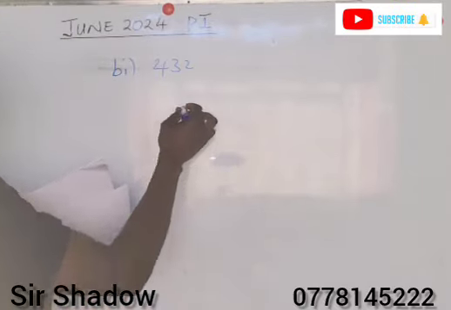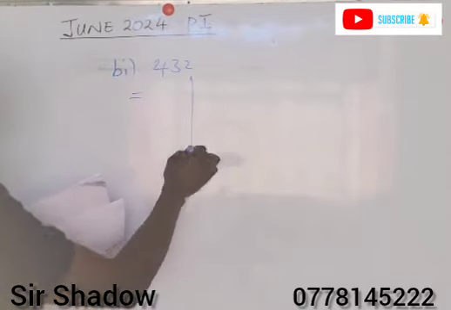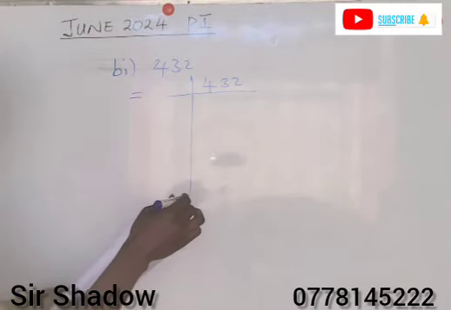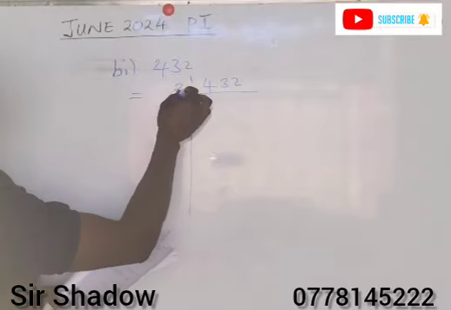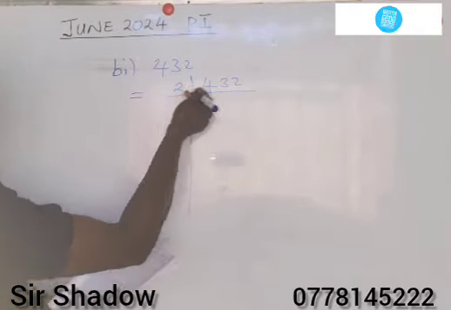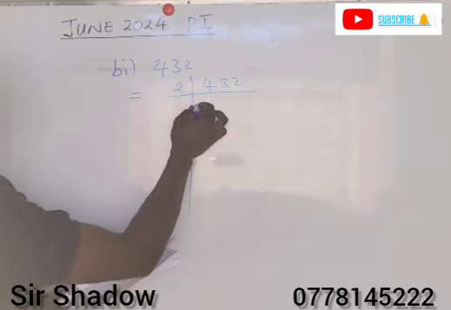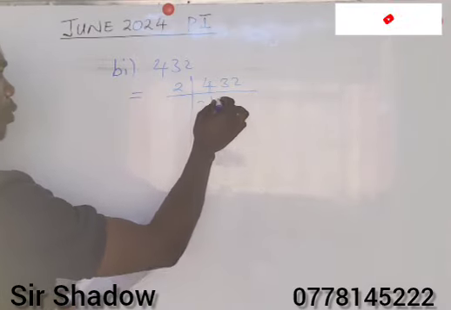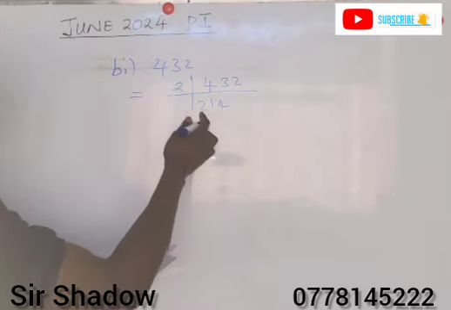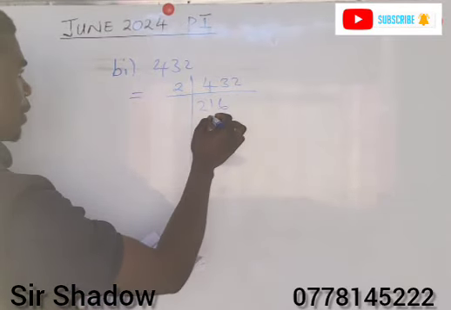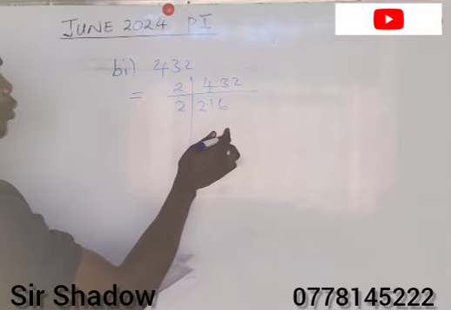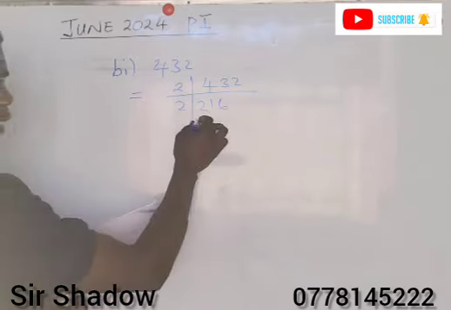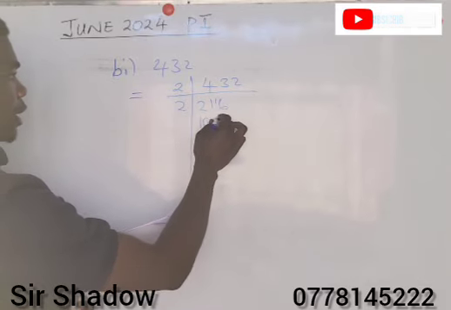Alright, in order to express it as a product of its prime factors, we want to find the factors of 432. The first factor, 2, can enter into 432. 2 into 4 is 2, 2 into 3 is 1 remainder 1, 2 into 12 is 6, so we get 216.